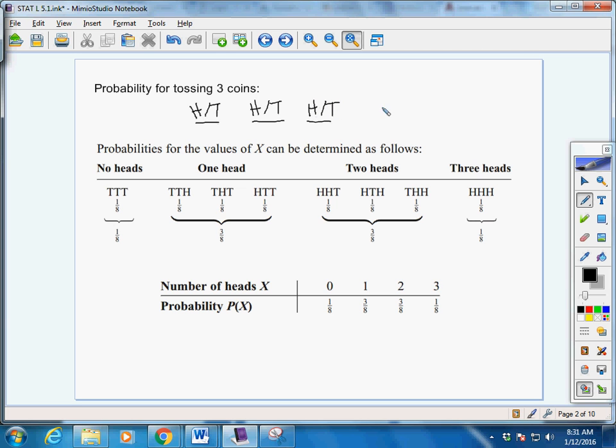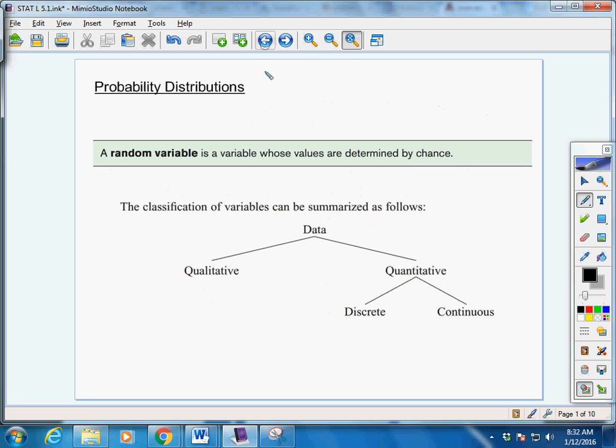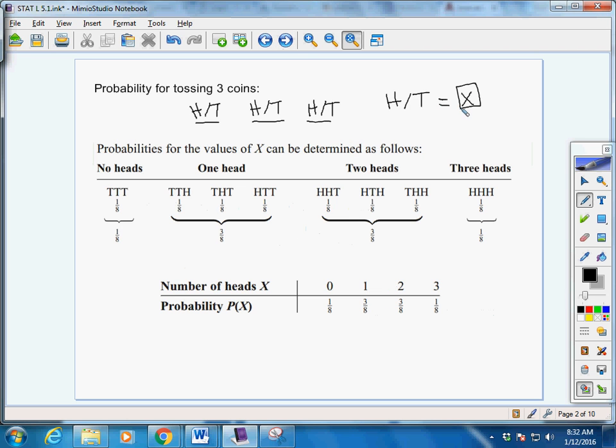This heads or tails, we're going to refer to as x, our random variable, a variable whose values are determined by chance. So for tossing 3 coins, our random variable is that it comes up heads.